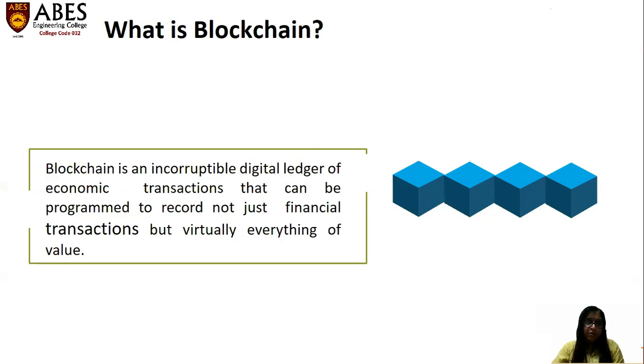Blockchain is not only about storing financial transactions, it can store every type of transaction that has some value. Suppose we have some information about an organization or about persons, we can store it in the form of transactions in the blockchain.